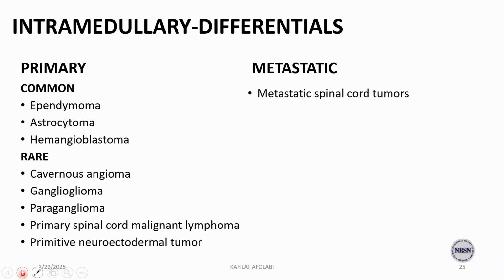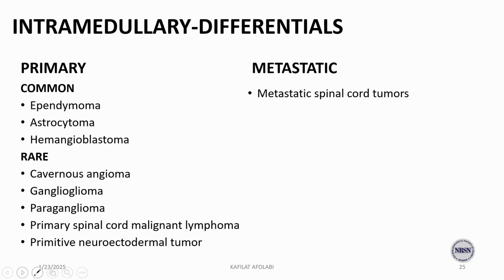But before I dive into the tumors themselves, I want to state that again, history and clinical presentation are very important. Tumors involving the cord generally expand the cord. They are usually associated with cyst formation or syrinx, and they usually hemorrhage. When you see those findings, you are safe to take your mind away from the demyelinating group, the infectious or inflammatory group, because you are most likely dealing with a tumor.